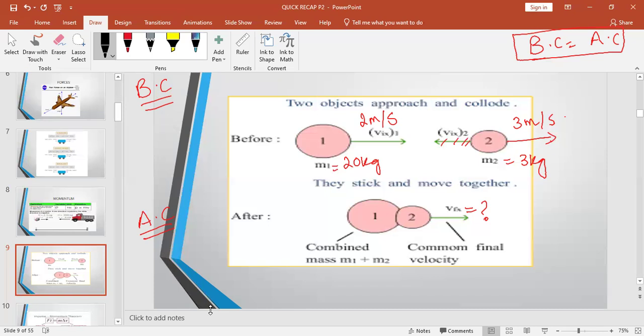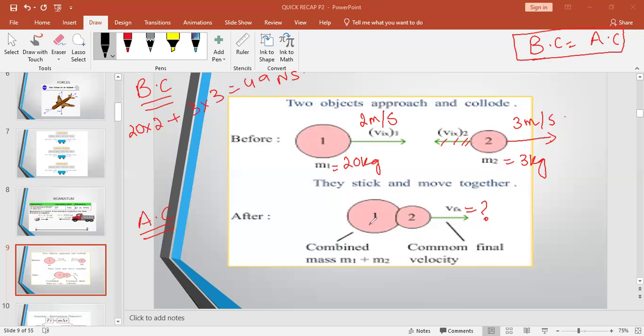So for before collision, what will be the total momentum you have got? I have to add them, right? Yes. So you'll do it like this: 49. It's 49 newton second. Be careful that you are supposed to write down the unit with the answers, otherwise your answer will not be acceptable.